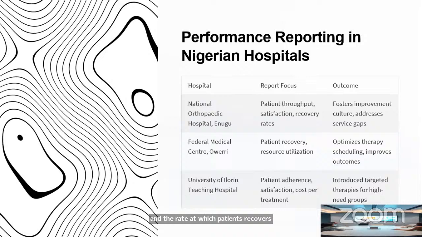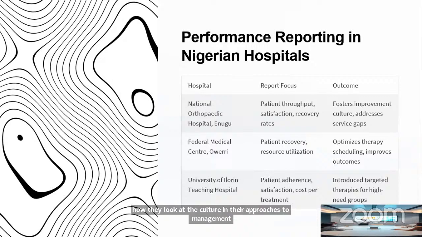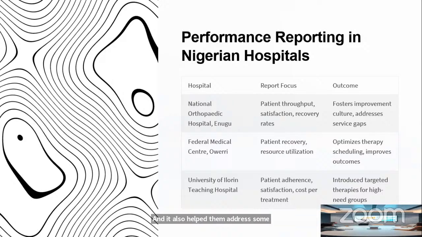And they use this to help them have a better improvement in the culture in their approaches to management of their clients. And it also helped them address some service gaps that are identified from the information they report.